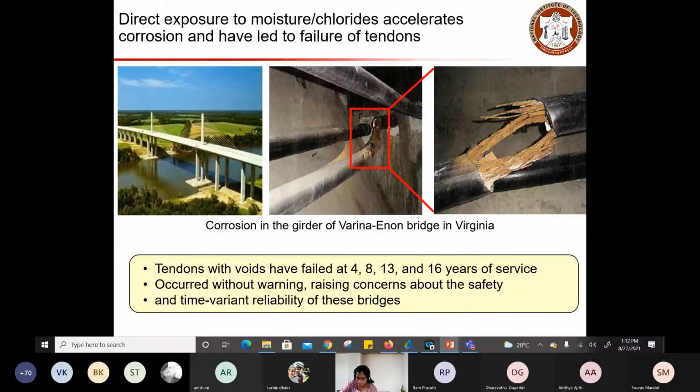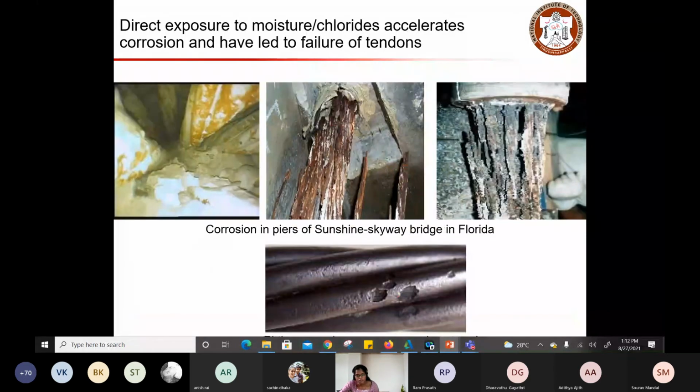This is mainly due to exposure to moisture and chlorides. No one knows that that particular element is corroding unless they observe a significant failure. There is no warning raising concerns about safety. It simply collapsed at that particular region.